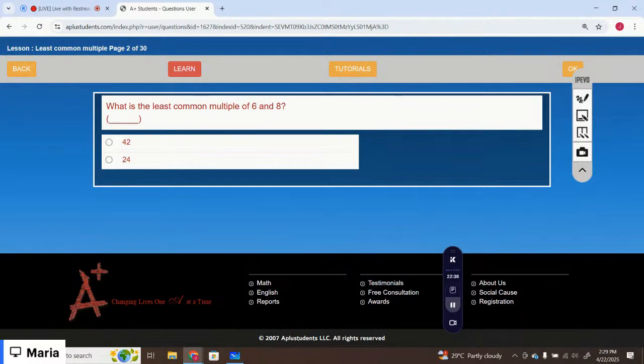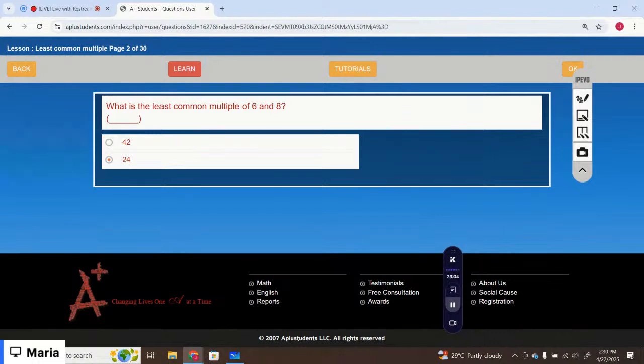What is the least common multiple of 6 and 8? So which is the correct option? 42 and 24. Basically, a multiple is the number that can be divisible by both the numbers, right? 6 can divide 42, but 8 cannot divide 42.